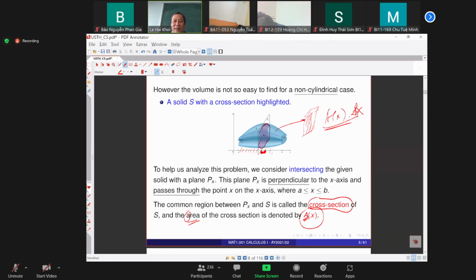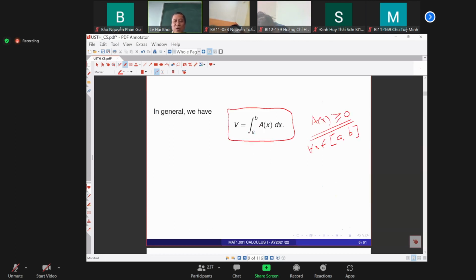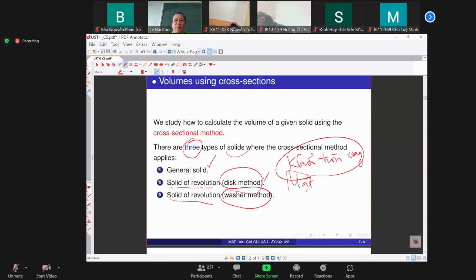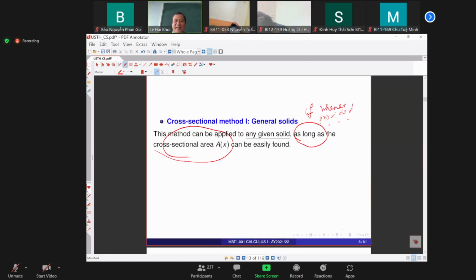Then we let the sum of this A(x star), which means the intermediate point, and then we let this sum with n tend to infinity. If the limit exists, then we call this the volume, exactly as for the area.